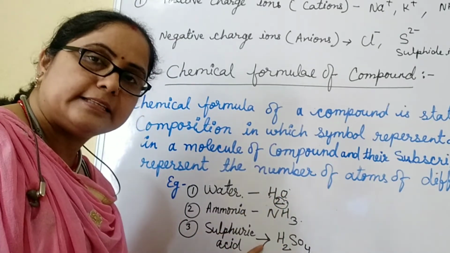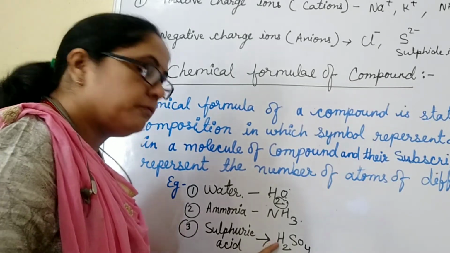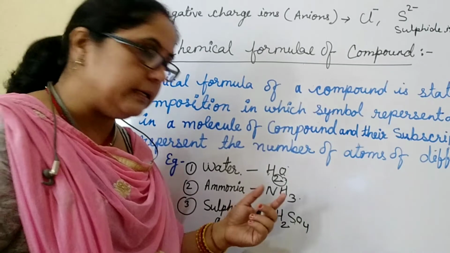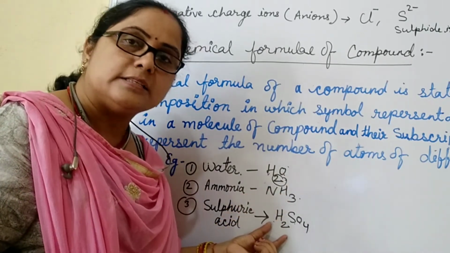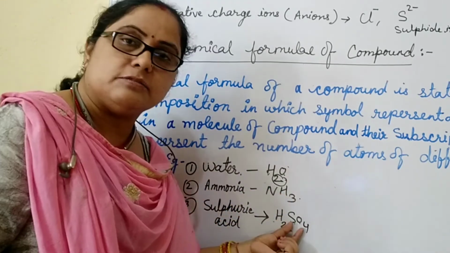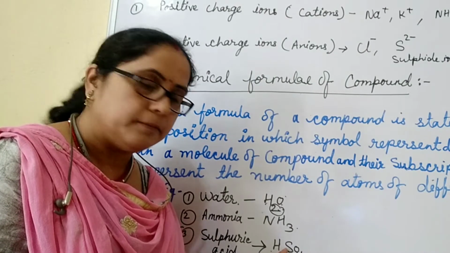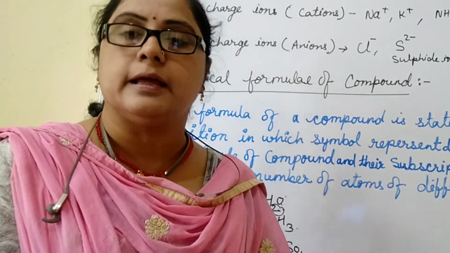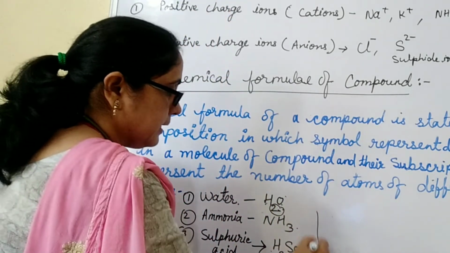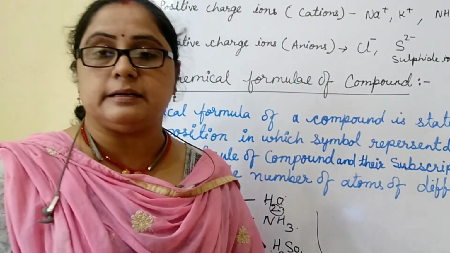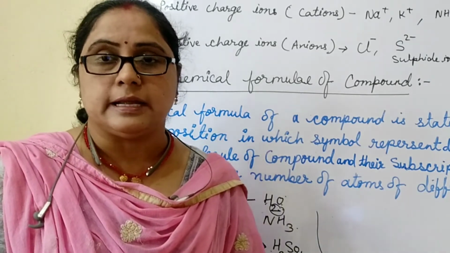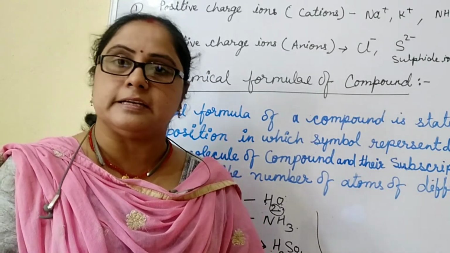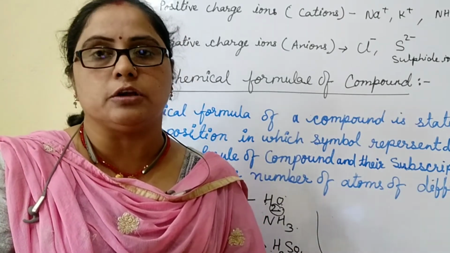Similarly, sulfuric acid contains which elements? Hydrogen, sulfur and oxygen. The number of hydrogen atoms present in sulfuric acid is 2, one atom of sulfur is present in it, and 4 atoms of oxygen are present. So the chemical formula represents the names of elements as well as the number of atoms of different elements present in a molecule of the compound.